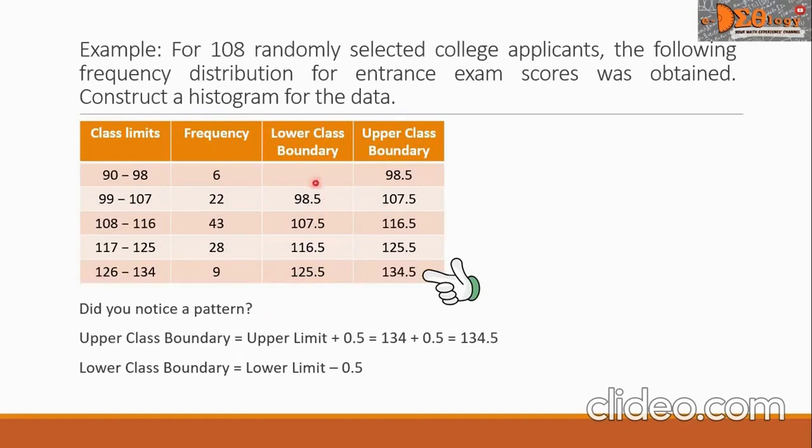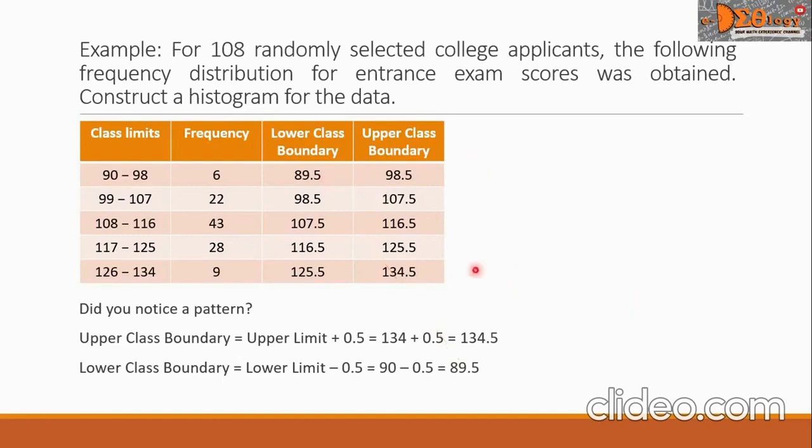On the same note, we can compute for this blank, the value of the lower class boundary of the first class. We can get the lower limit 90 and then minus 0.5, and we will get this 89.5. We may copy now this value for our lower class boundary of the first class interval.